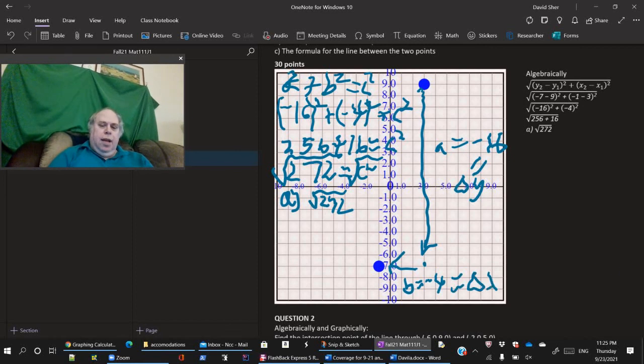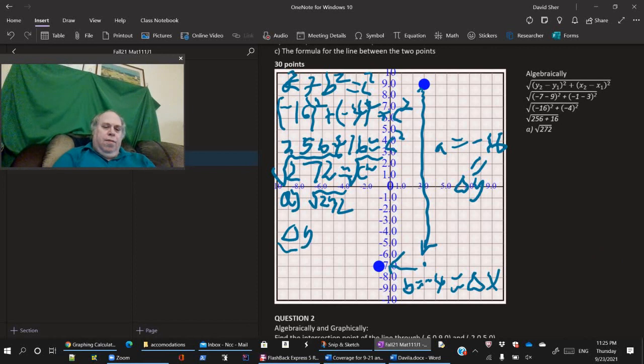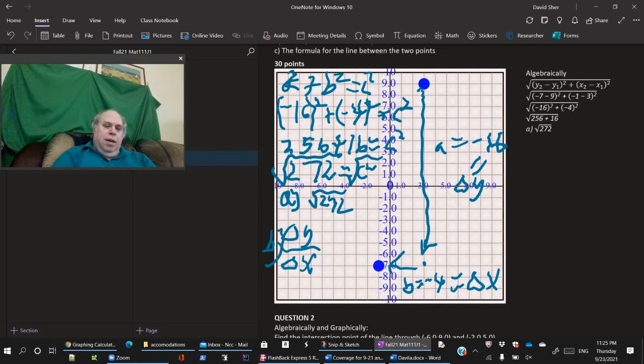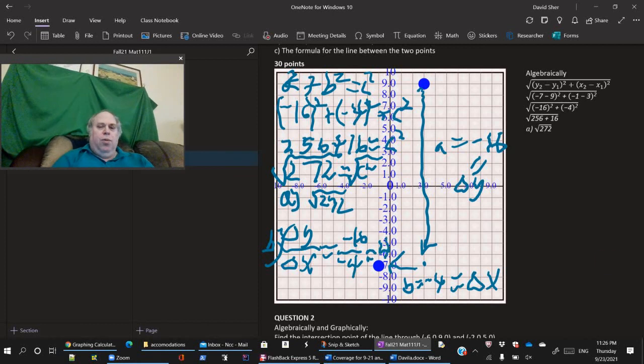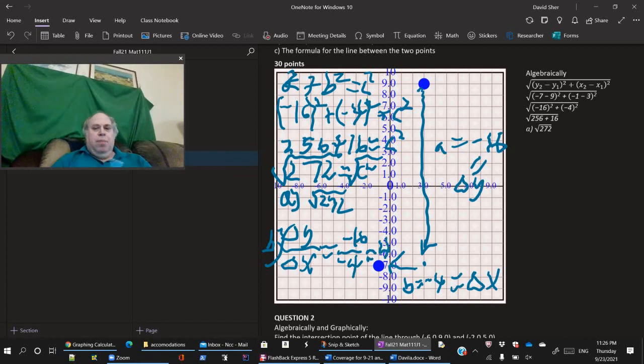So I'm going to write delta X. And so we get delta Y over delta X. And this is the answer to part B, by the way, equals negative 16 over negative 4, the negatives cancel, 16 over 4 is 4. So that's the answer to part B.